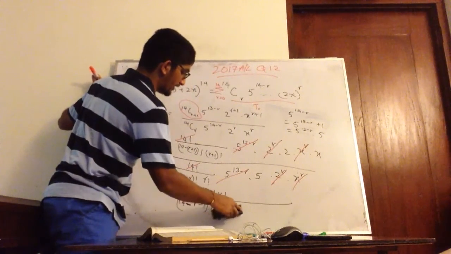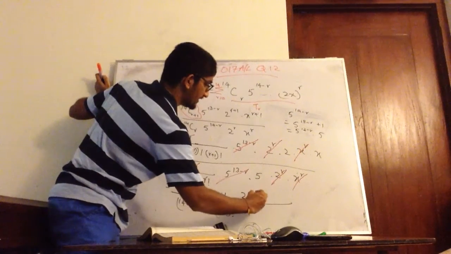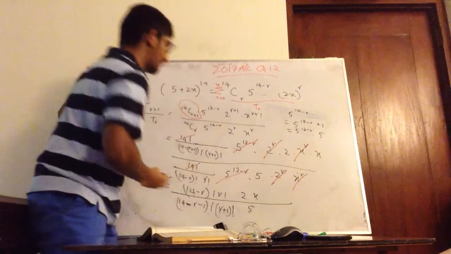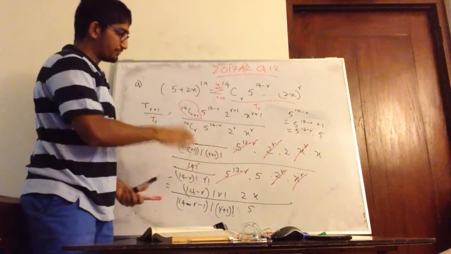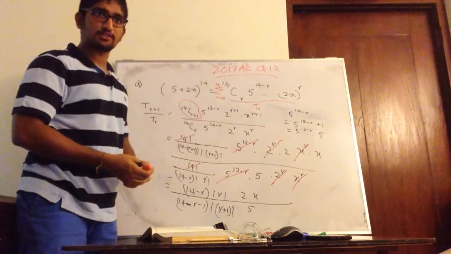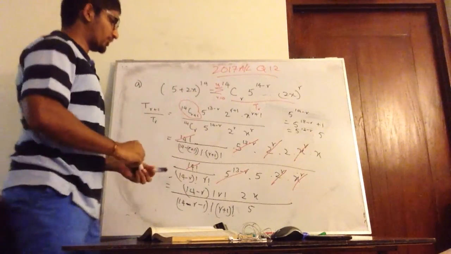So I'm going to write r plus 1 factorial. Then you get 2 here, x here, 5 here. So we need to somehow simplify this and get the answer. So let's see what we can do. So write this down for now.